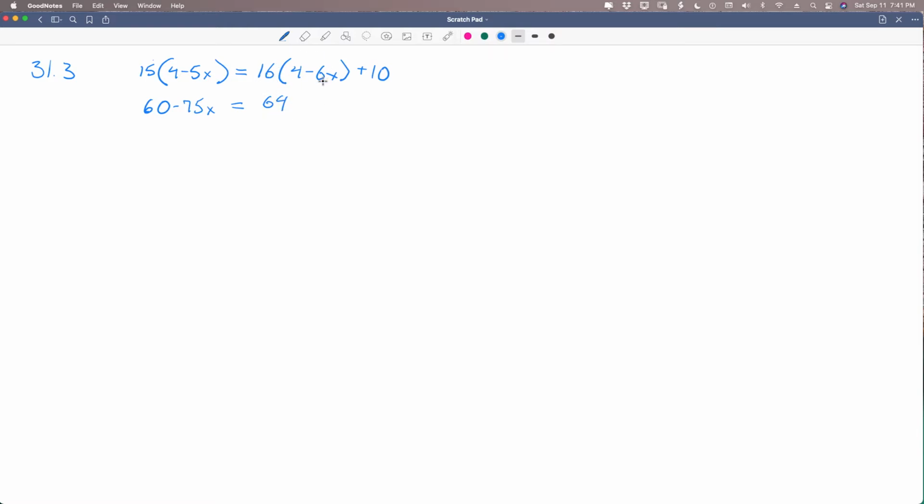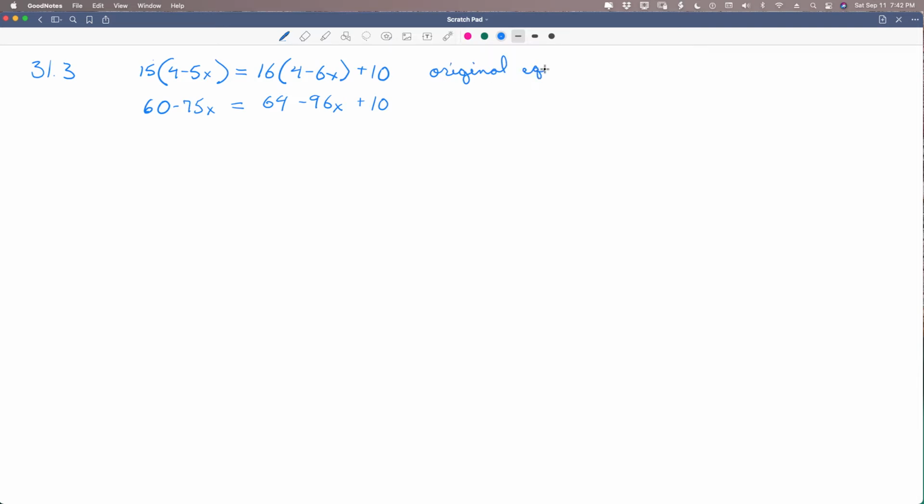And 16 times negative 6 is negative 96x. And then we bring down our extra constant. Okay, so this is the original equation. This is where we use the distributive property, and sometimes it helps to write down your steps on the outside. So we have the original equation here.